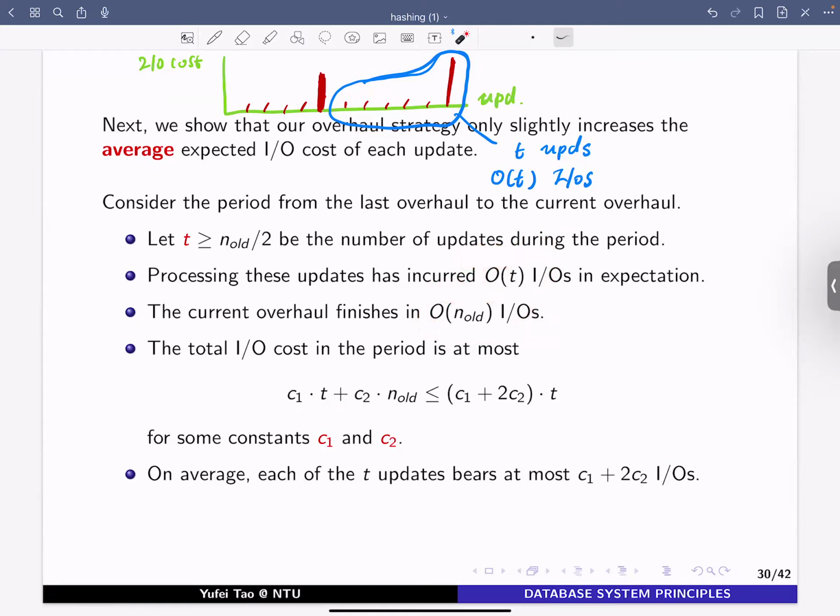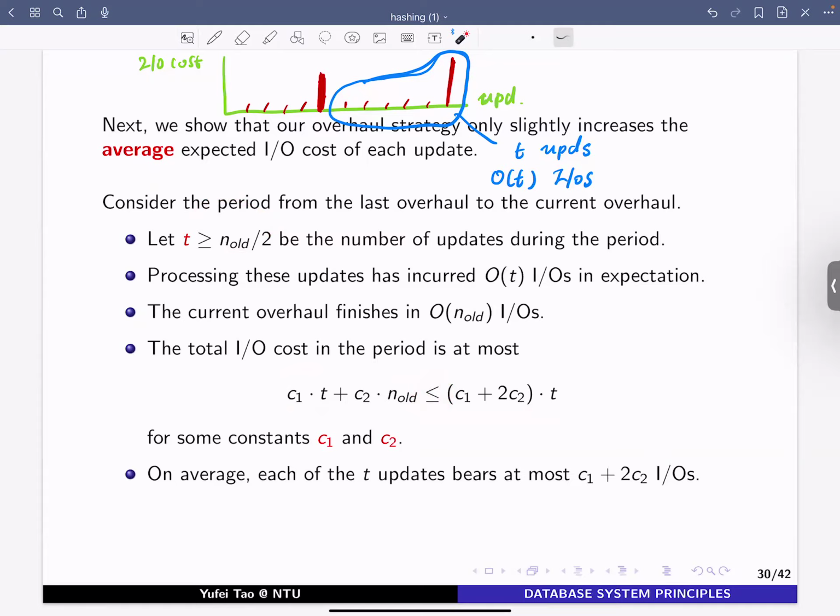So essentially, we're saying that the total cost for handling all the updates during this period is here. Okay, so now you can look at the relationship between T and N0. And now you can see this N0 is bounded by 2 times T, right? So this is why you are able to derive this inequality here.